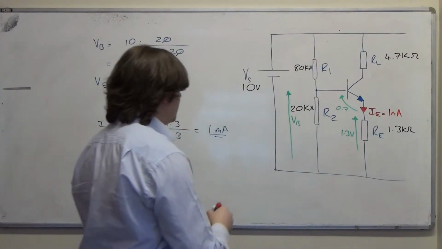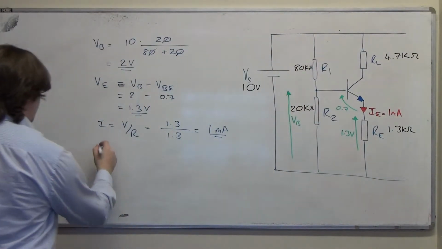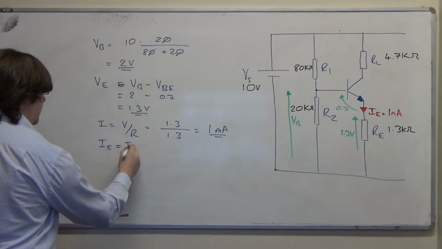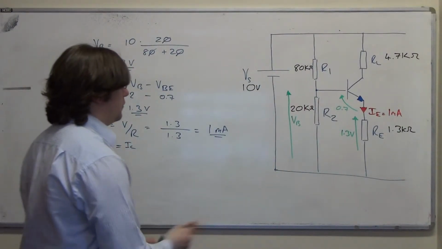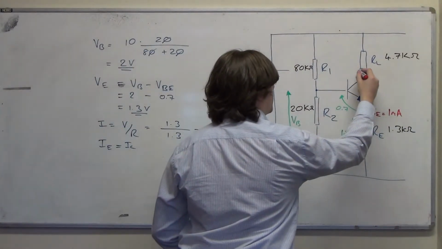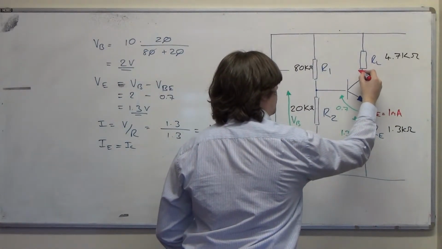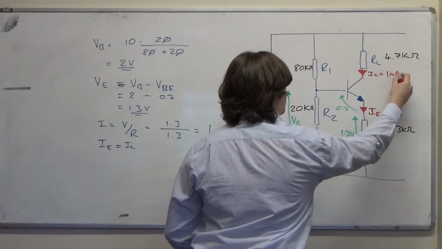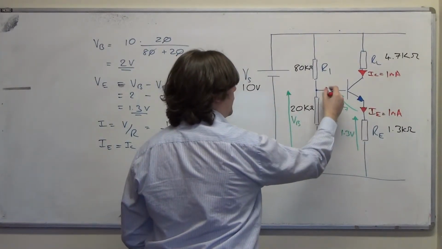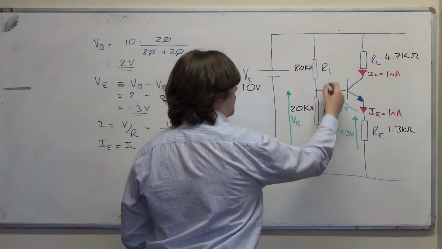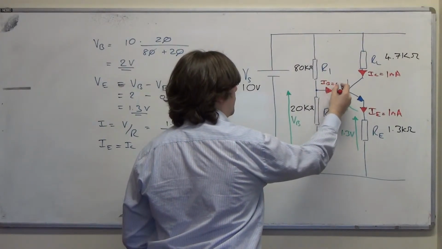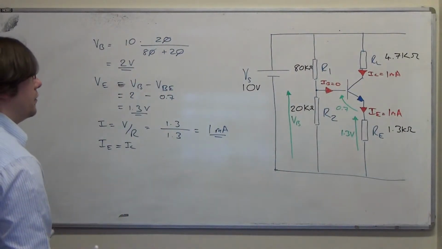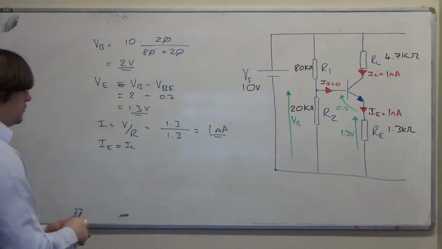Now, I also said earlier that IE was approximately equal to IC. So that means that I know what IC is as well. The reason for that was that IB is equal to 0 as far as we're concerned, which is usually true.